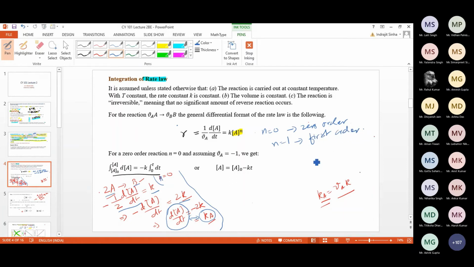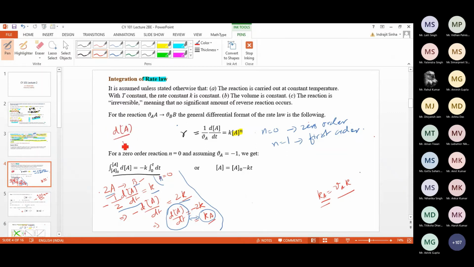Sir, nu A and nu B are the stoichiometric coefficients, so how can nu A be negative? Nu A is negative by convention. Why do we put in that convention? I mentioned that in the previous class. We put in the convention because this derivative is negative.